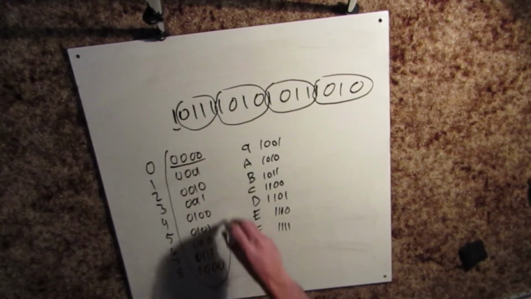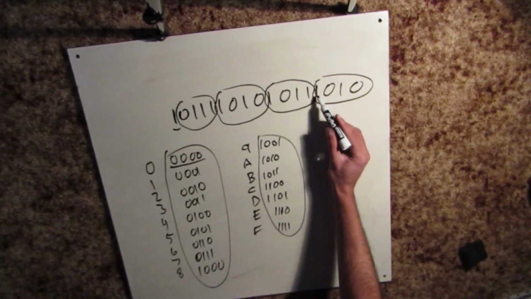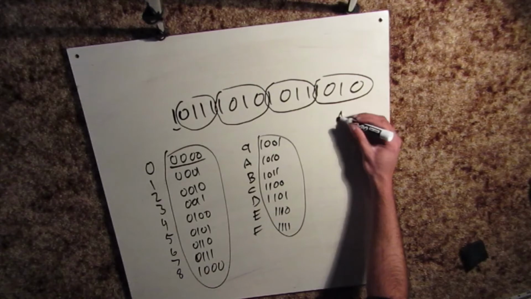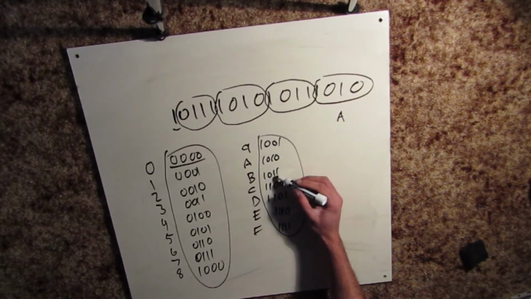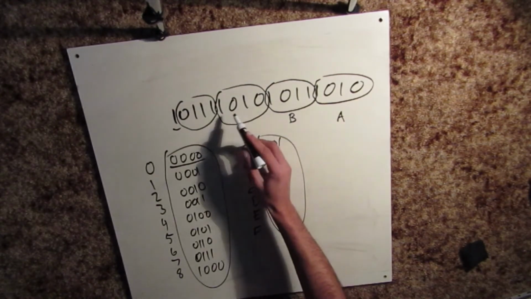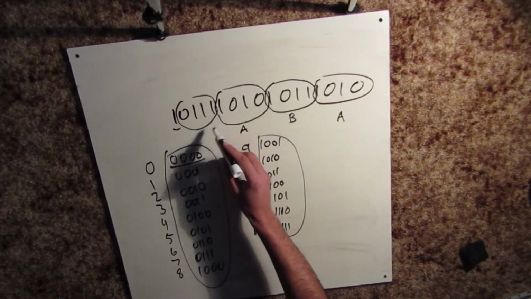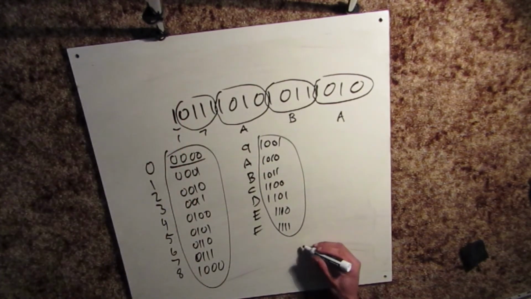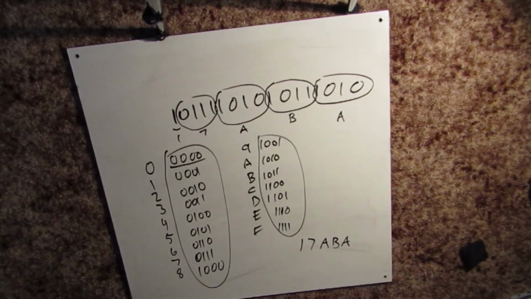We need to know this and this. And all we have to do is correspond these patterns that I just circled to these. So the first one, 1010, what is this? That is A. So this is A. Next one, 1011, that's a B. 1010, that's A again. I get 0111, which is 7, and I get the 1. So basically this number in hexadecimal is 1, 7, A, B, A.